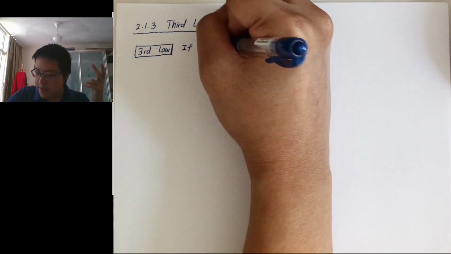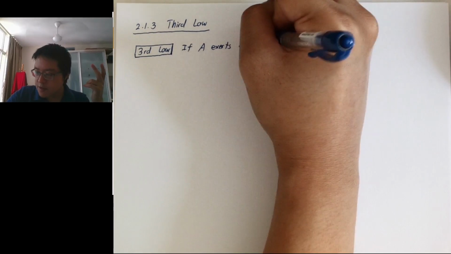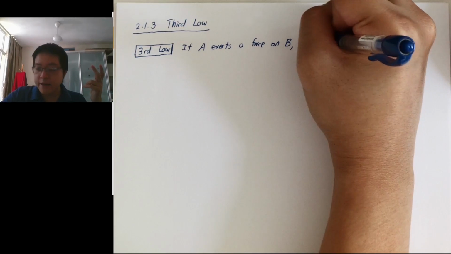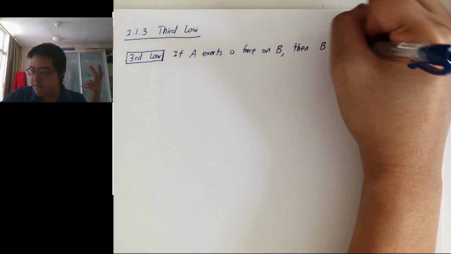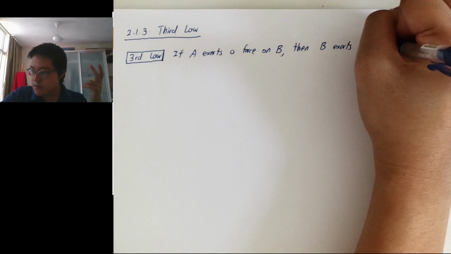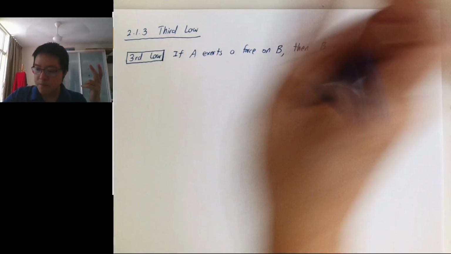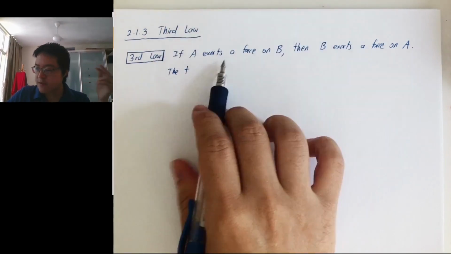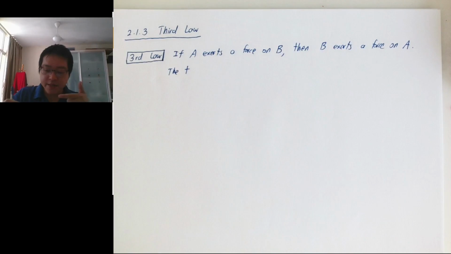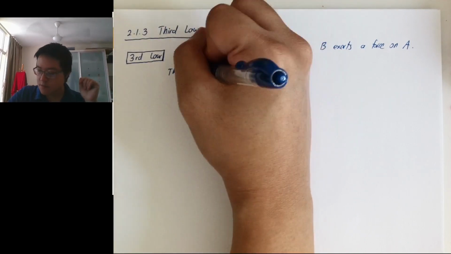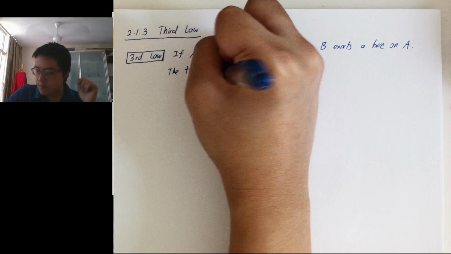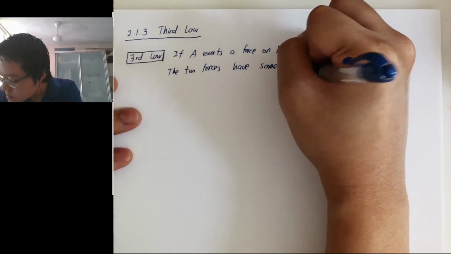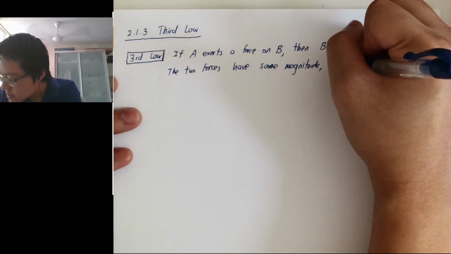Let's say object A exerts a force on object B, then by the third law, B exerts the same force on A. The two forces, A on B and B on A, have the same magnitude but opposite directions.